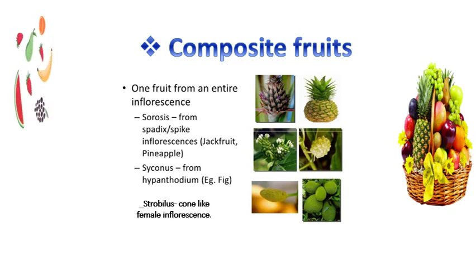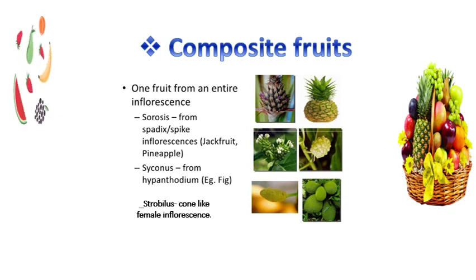So it means when a fruit is developed from a group of flowers, meaning inflorescence, or when fruit is developed from inflorescence, then we call it composite fruit. Or when fruit is formed from the whole inflorescence, we call it composite fruit.